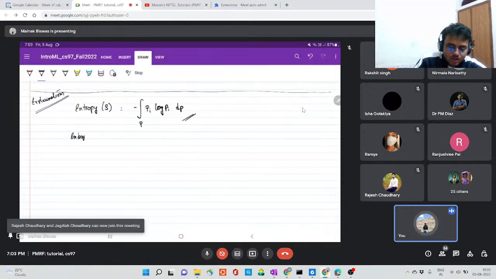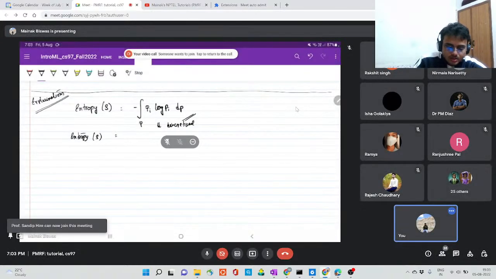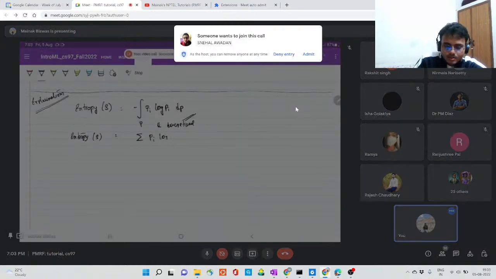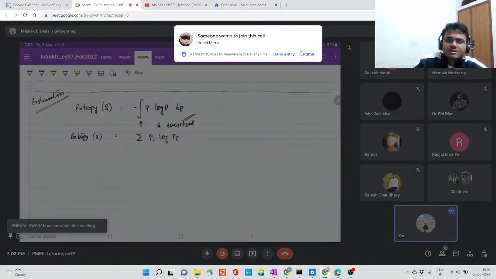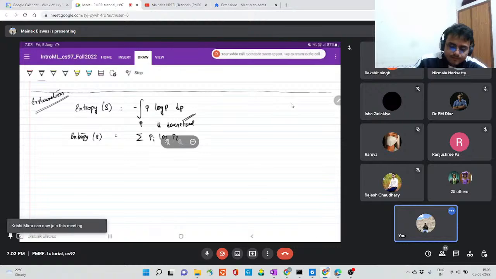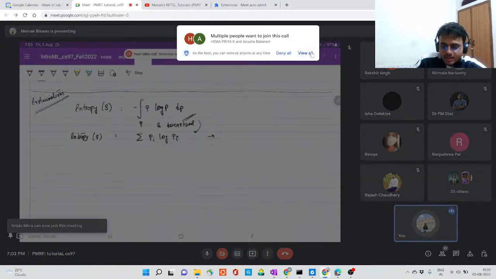I'll give you the intuition of entropy now, and then we'll go to the problem. So this will be discretized to, since P is a distribution, the sum over i, where Pi is the probability of each event.